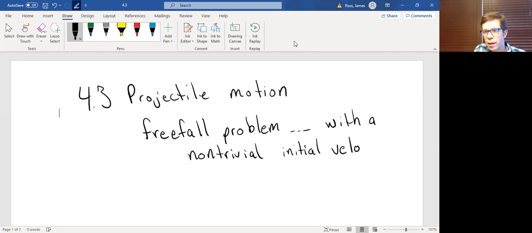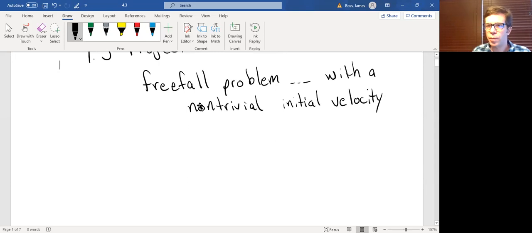What I mean by that is the initial velocity is not in the same direction as the acceleration. So that forces us into two dimensions, right?